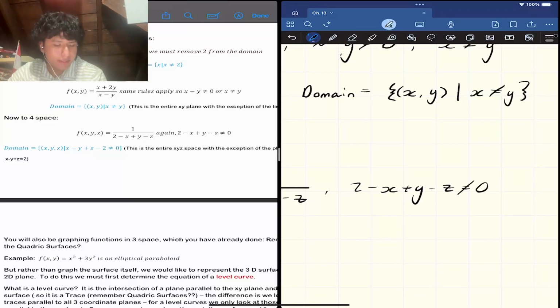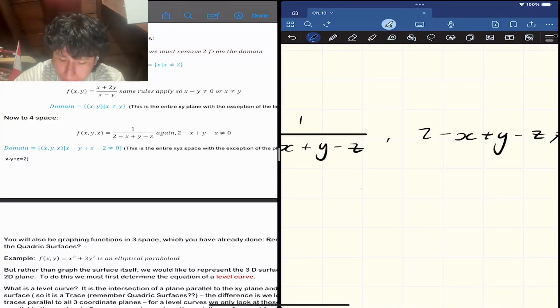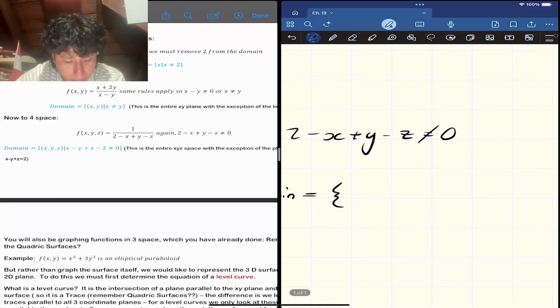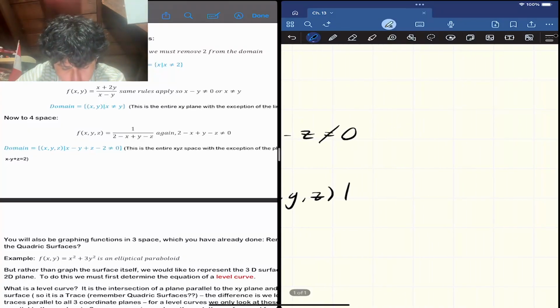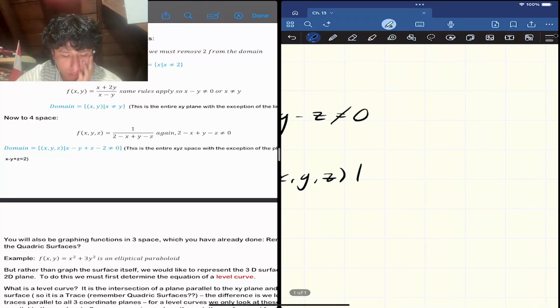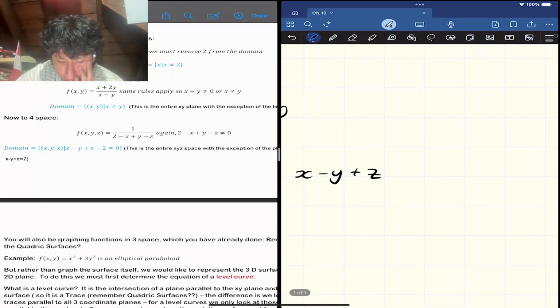Now how are they going to write that? The domain, where the values of x, y, and z, or how is it read again? The domain that contains the points x, y, and z, where x minus y plus z minus 2 cannot be equal to 0.